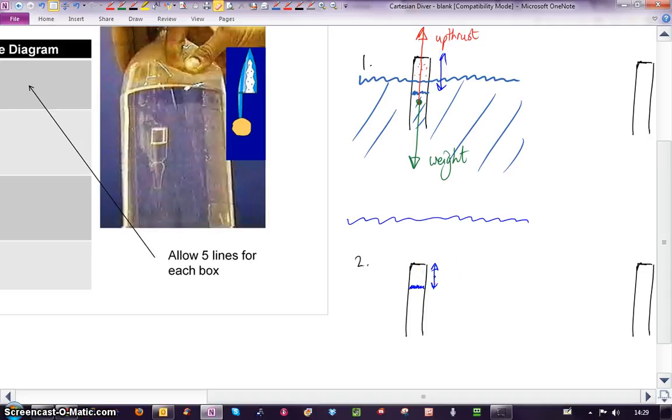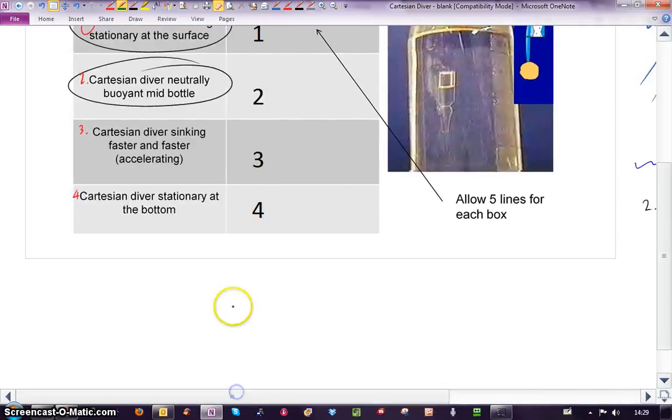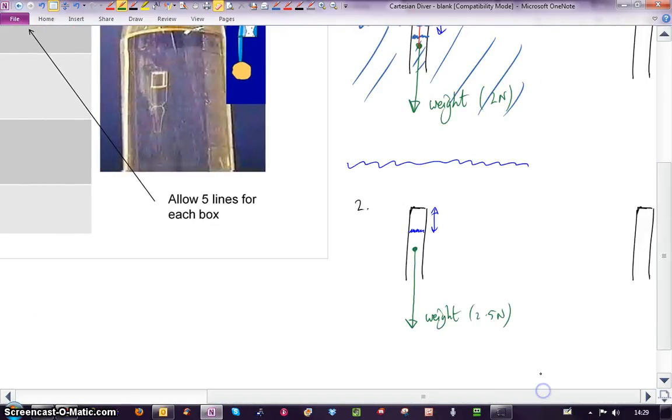the weight of the Cartesian diver has increased. So if I use green again to represent the weight acting downwards, this line is now bigger than this line. Let's say this could be 2 newtons and this weight here could be 2.5 newtons. The upthrust. Now what's happened to the upthrust? Well, if it's neutrally buoyant inside of the bottle, then it's not moving.